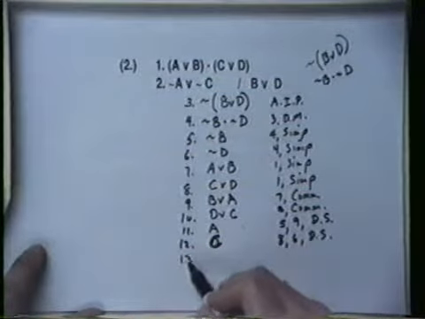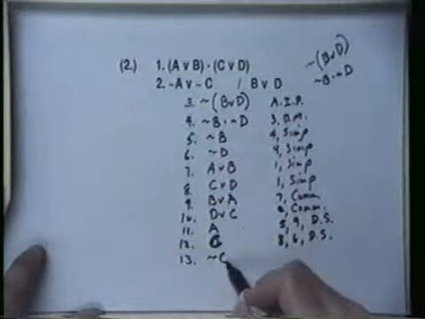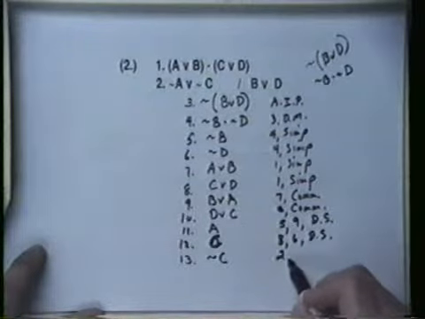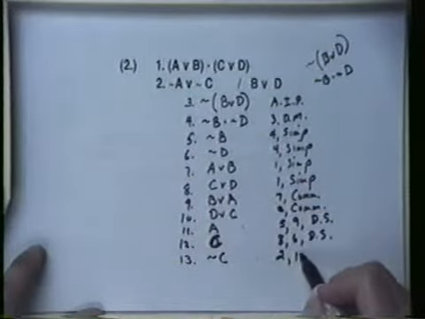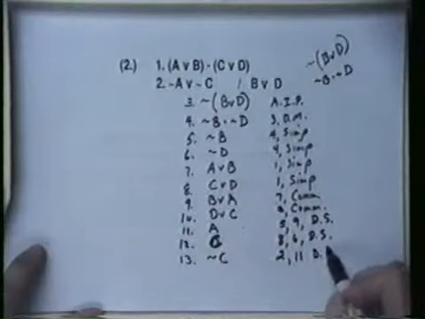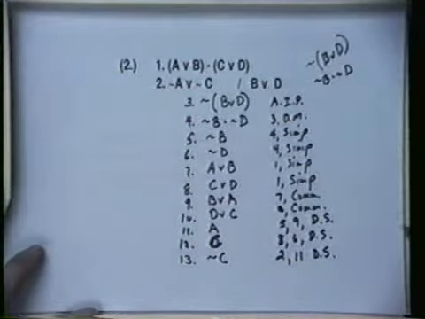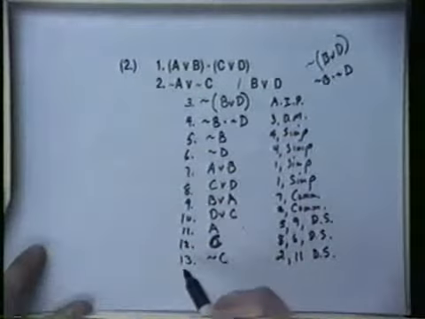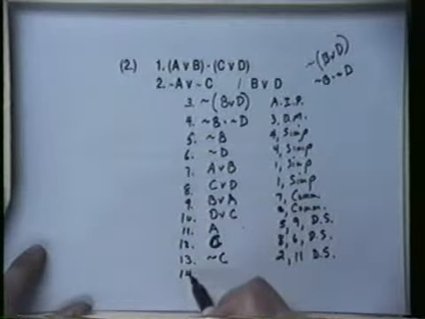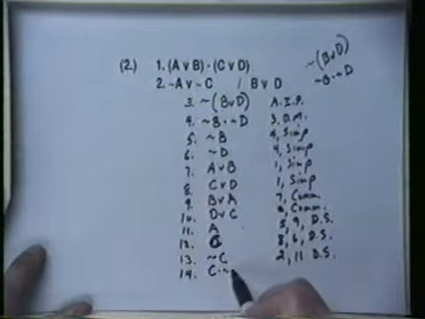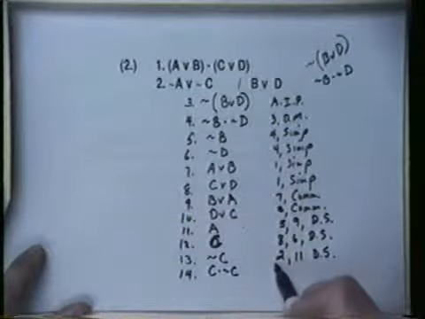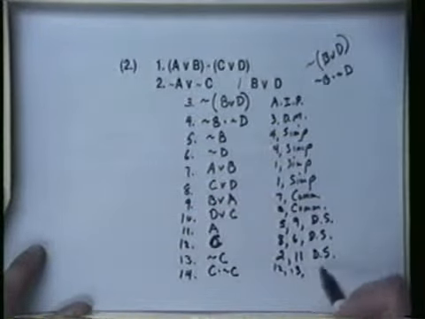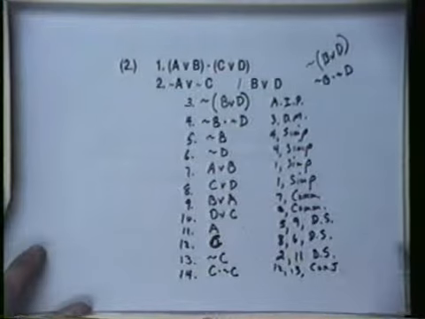That means that we can infer not C from line 2 and line 11 by disjunctive syllogism. And now we've generated a contradiction which simply needs to be placed on a single line, C and not C, and that's simply 12 and 13 by conjunction.